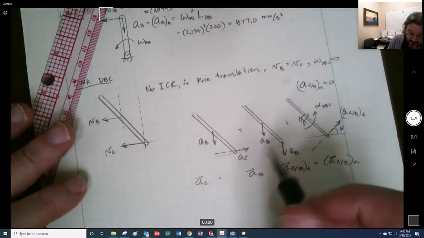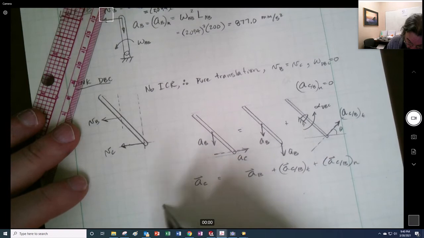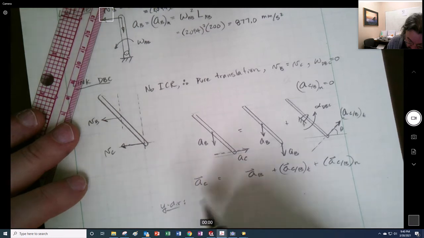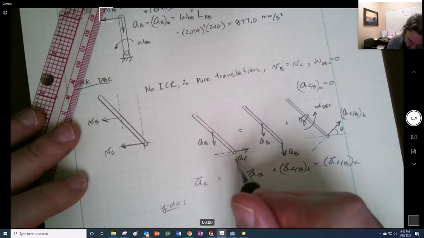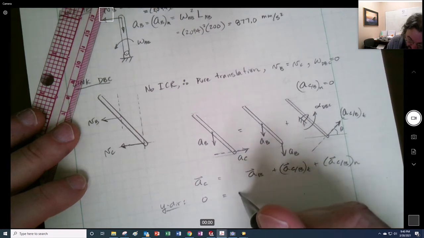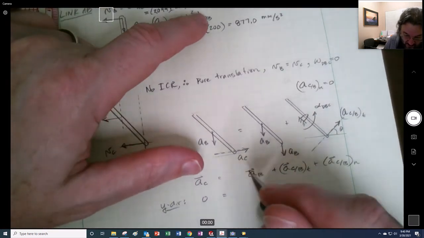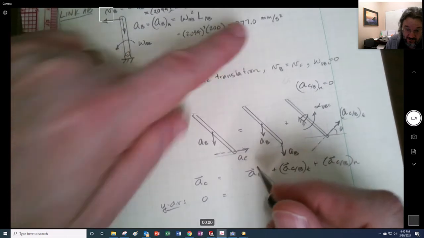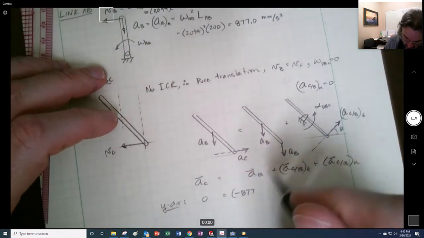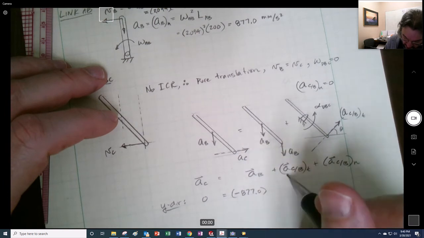Okay, so let's start in the y direction. In the y direction, it should be equal to 0. And then we're going to have a negative 877.0.